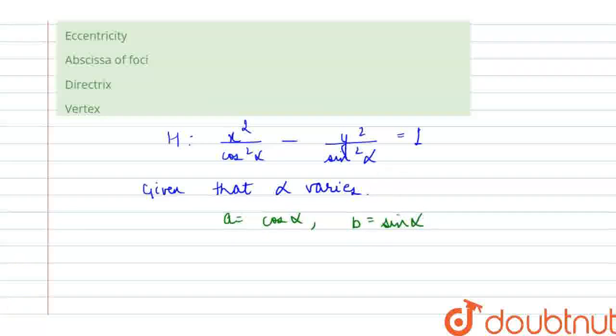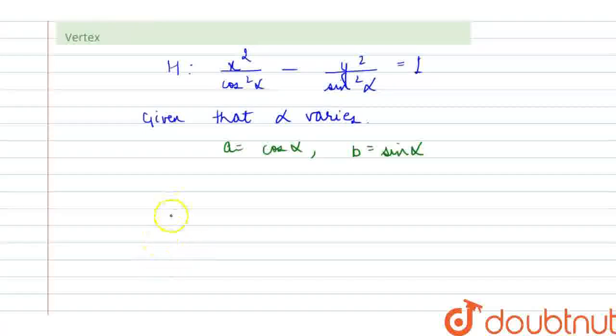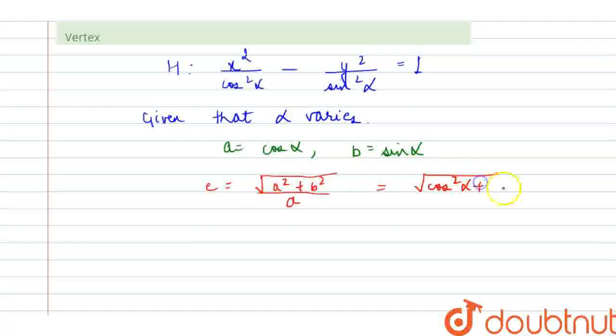Now let's find out the eccentricity of the hyperbola. So if e is the eccentricity of the hyperbola, that is equal to under the root of a square plus b square in the numerator and the denominator is a. So this is the eccentricity. Substituting the values, I get under the root of cos square alpha plus sine square alpha upon cos alpha.